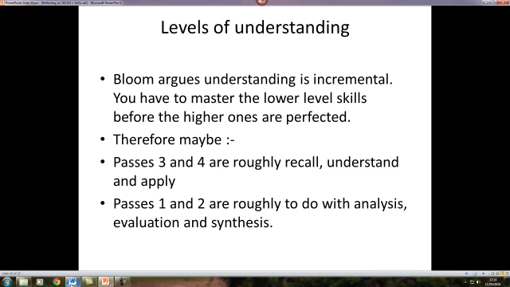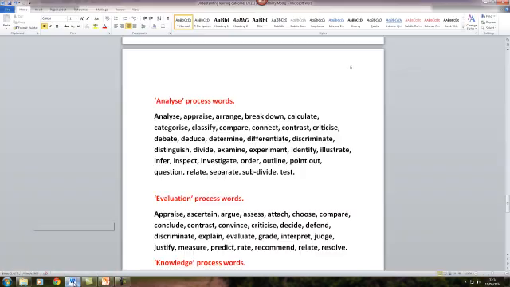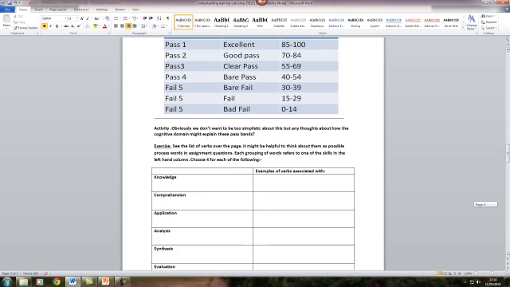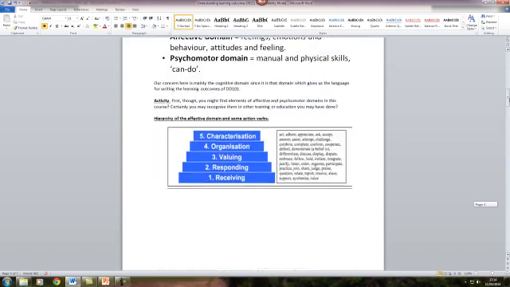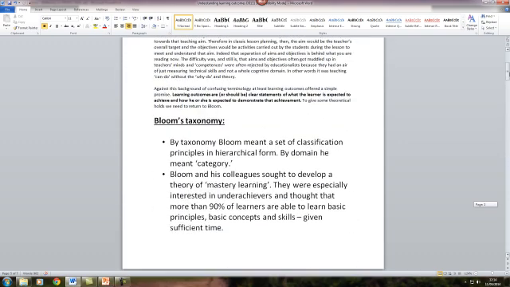Just want to go to a Word document for a while. Bloom argued that everybody could learn if they went about it the right way.